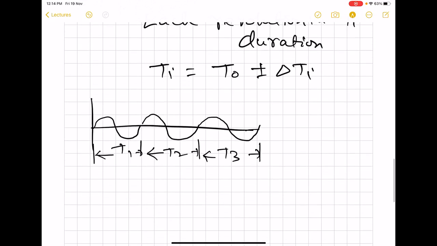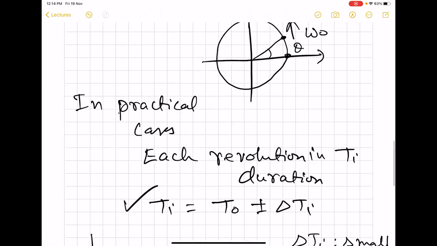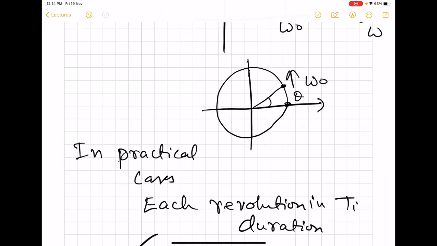Each of these T_i is going to follow this relation, where this delta T_i is going to be typically small. Most of the time, it is going to be quite small. So each revolution is completed in a duration different from T naught.